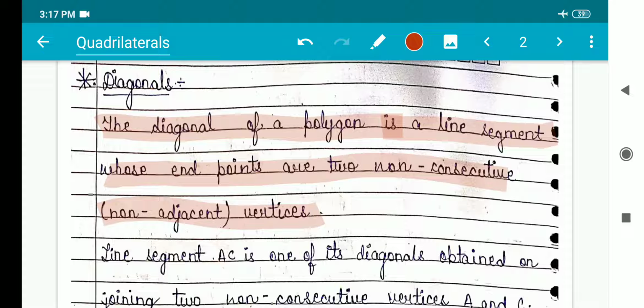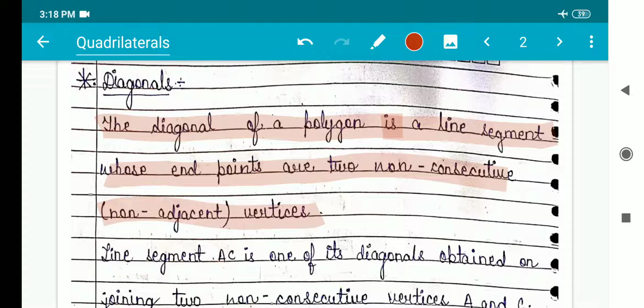In the same way, in any polygon, the line segment which connects two points which are non-consecutive, meaning not neighbors. If there is a point A, its consecutive vertices will be B and the last one.